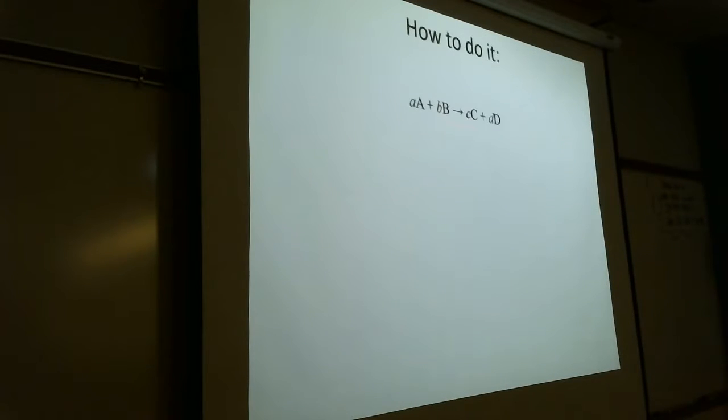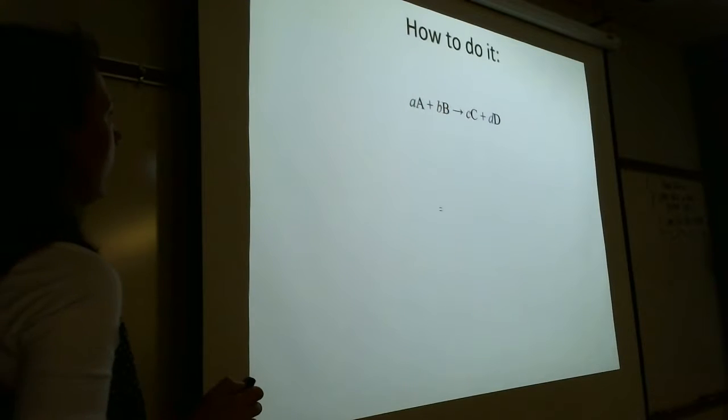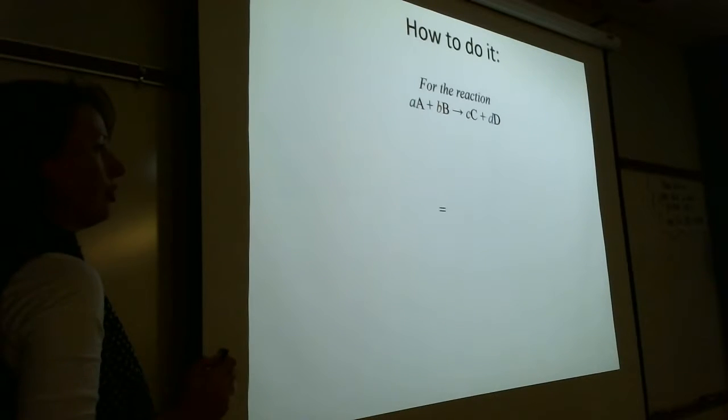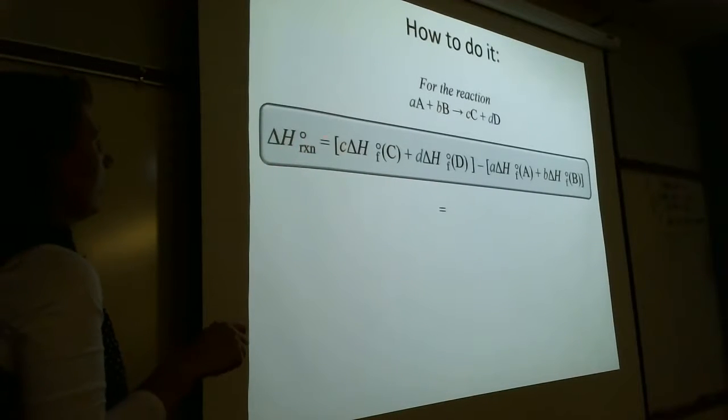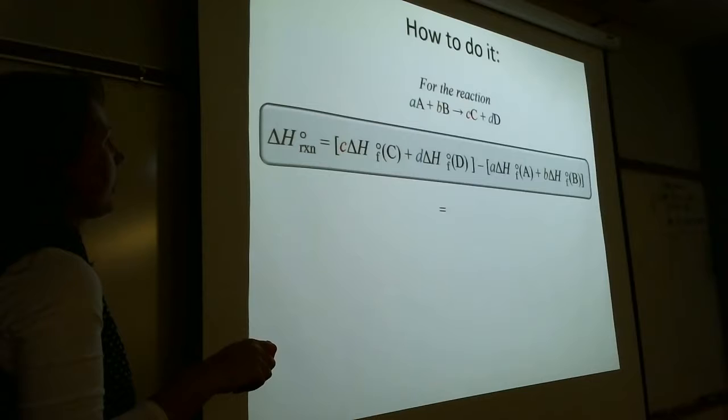So if this is our reaction, aA + bB → cC + dD, where little a, b, c, d are just the coefficients of the balanced chemical equation, right? Then, if that's our generic reaction, delta H is the coefficient of C times its heat of formation plus the coefficient of D times its heat of formation, right?